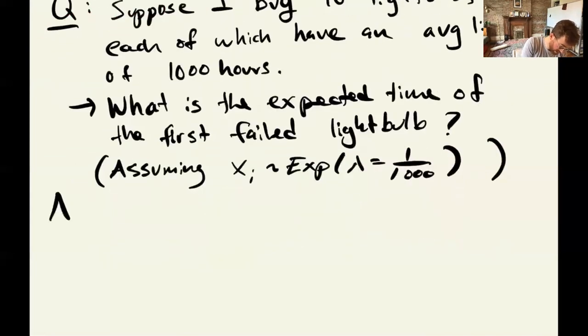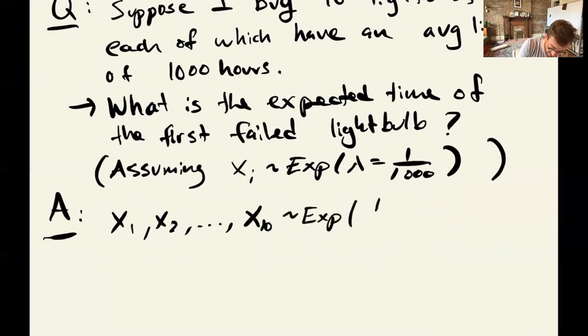All right, so how do we get at this? What's confusing here is that we've got a whole bunch of exponential random variables. In fact, we have 10 of them: x1, x2, on down through x10. Each of these is governed by this 1 over 1,000 hours parameter.